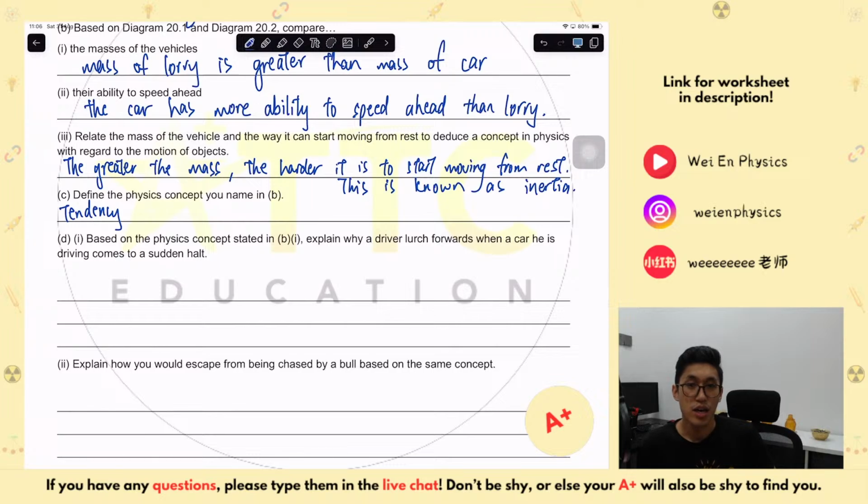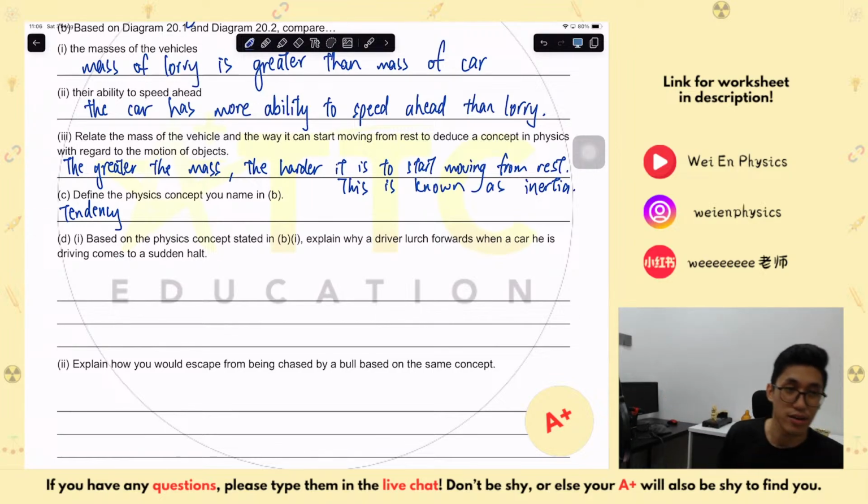Yeah? Tendency means you always want to do this or not. Like if I say you have the tendency of being late, that means you always want to be late or not. Okay? You are always late. You have the tendency to say bad words. That means you always say bad words. Okay? Yeah, so this is because of inertia, correct.